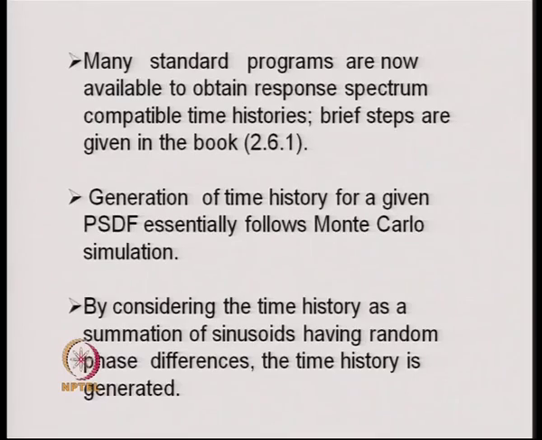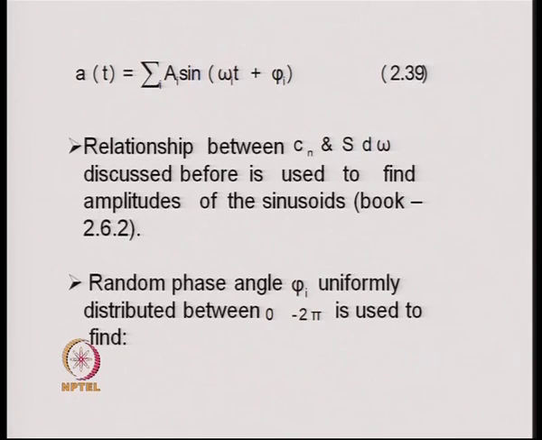Now, in the case of the power spectral density function, we obtain the compatible time history of ground motion by using equation 2.39, which is nothing but the concept that we have explained for the case of the Fourier series, and you can see here any arbitrary function of t can be written in the form of a Fourier series.